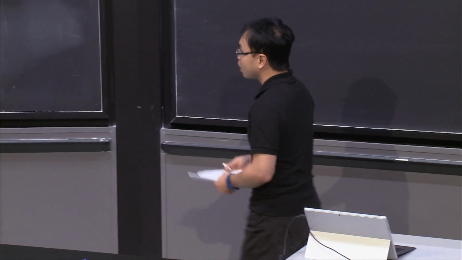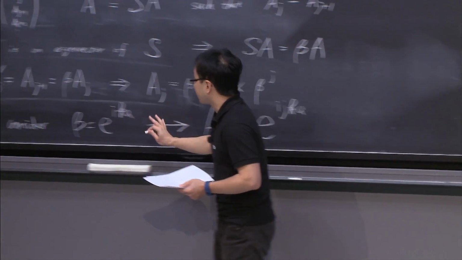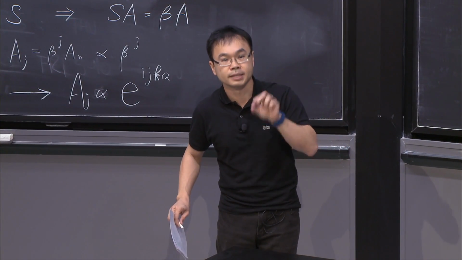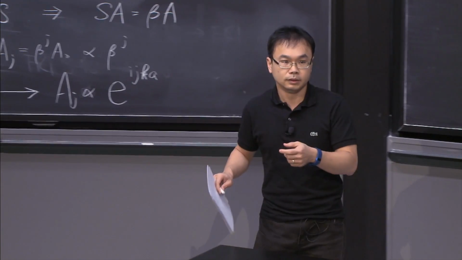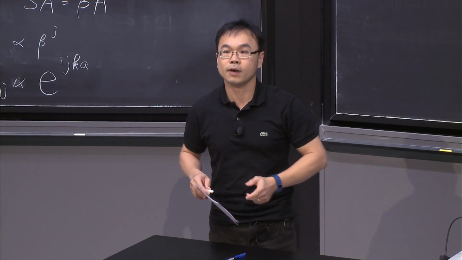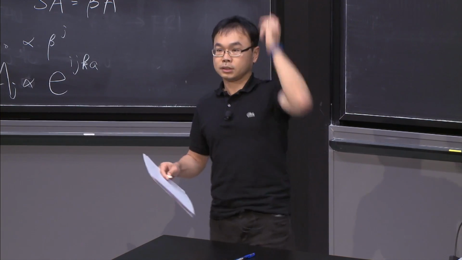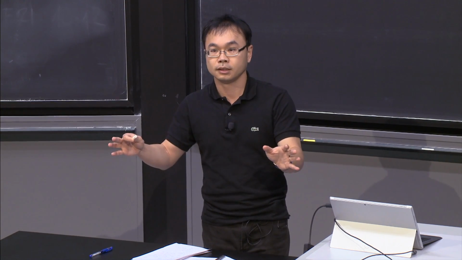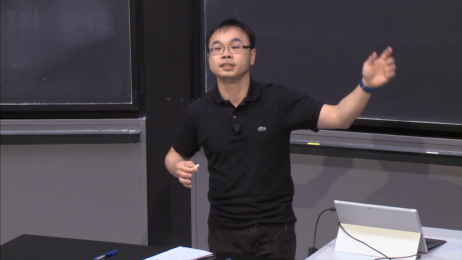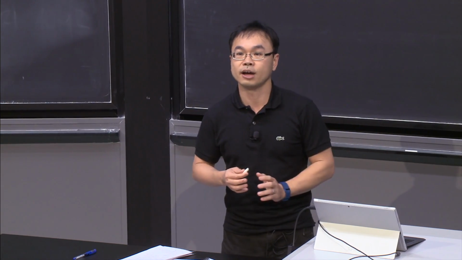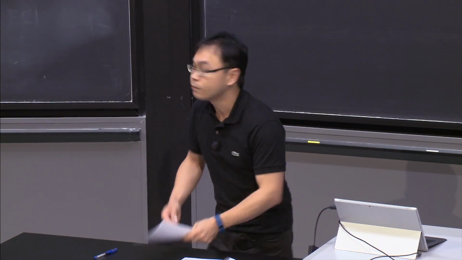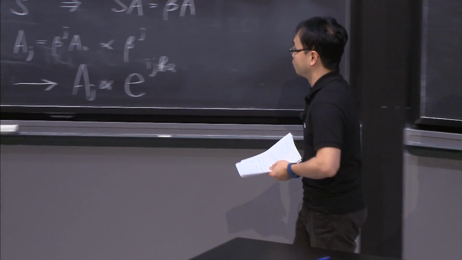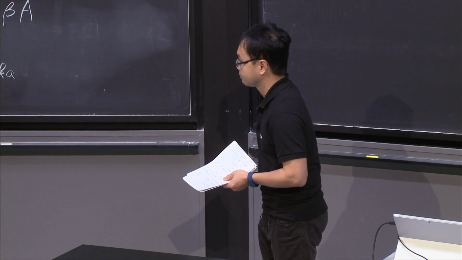In order to consider a system of little masses which are oscillating up and down, instead of going in one direction forever or the amplitude growing exponentially, and we also don't want the amplitude to go to infinity at very large or very small j values, we limit our discussion to the case of beta equal to e to the i k a.